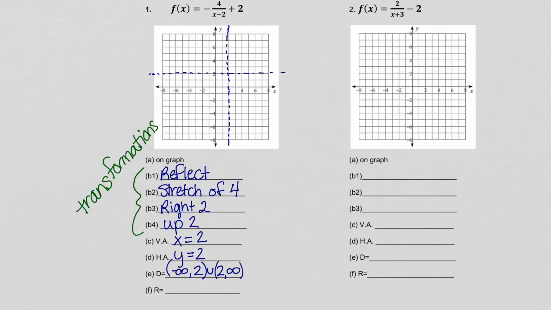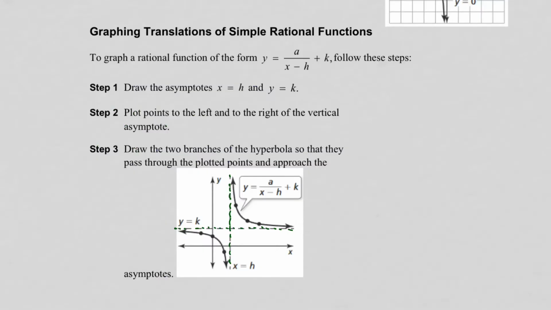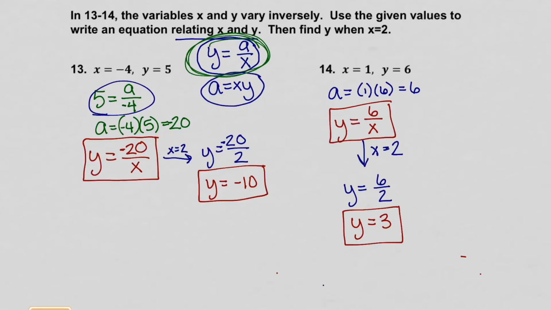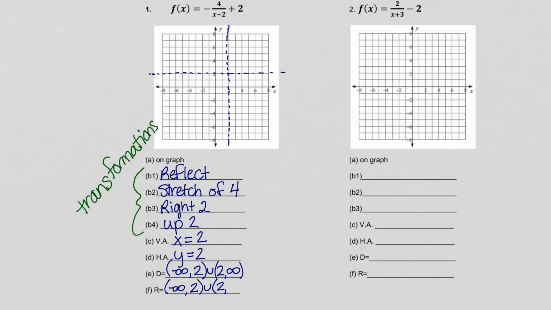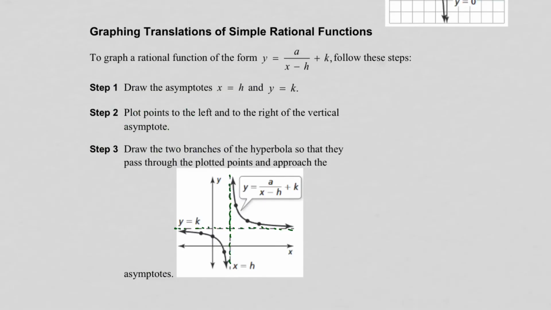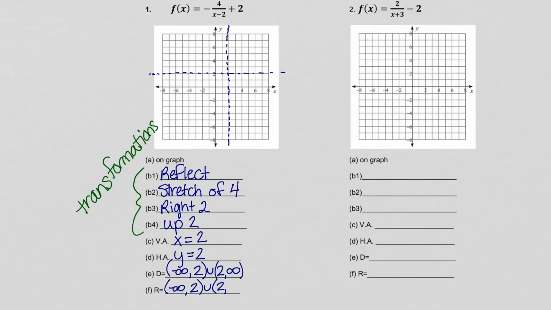Now the range is the same way. It starts down low forever. It's going to come up as it approaches this horizontal asymptote, so it's going to equal 2. But then after 2, it'll go up. Whoa, sorry about that. I just jumped some things here. Oops, wrong way. It is not letting me write.